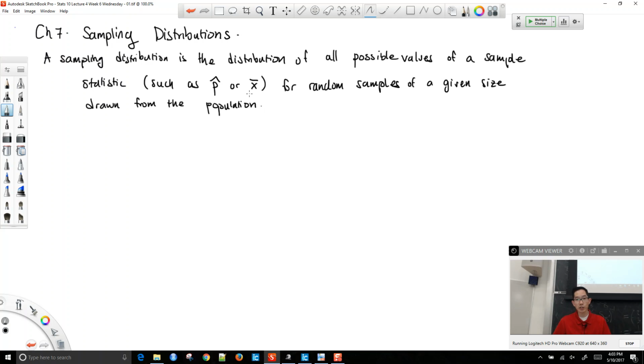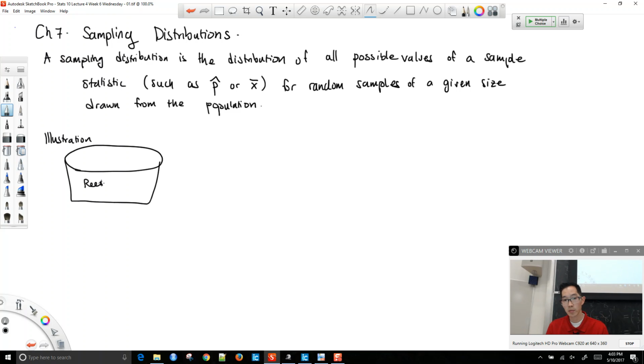And to illustrate this, we said, imagine we had a tub of Reese's Pieces candies, and that in the population the proportion of orange pieces was 0.3.